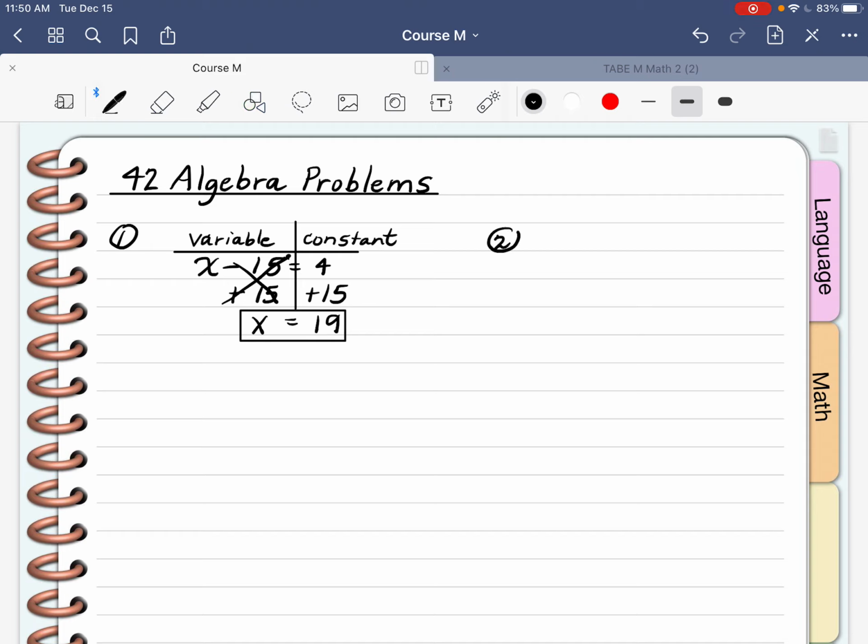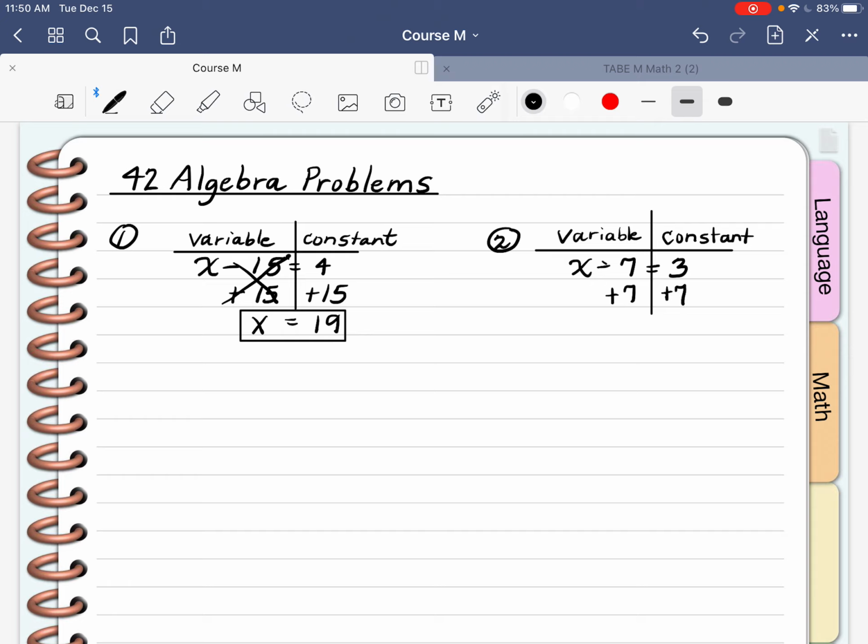Number 2 is x minus 7 equals 3. This is another one-step subtraction problem where the variable is on the left, the constant is on the right, and what needs to move?